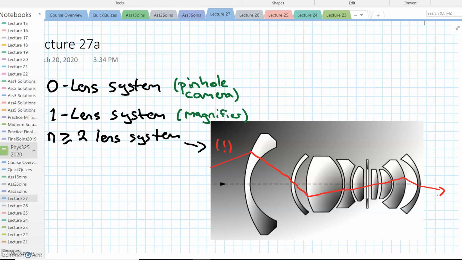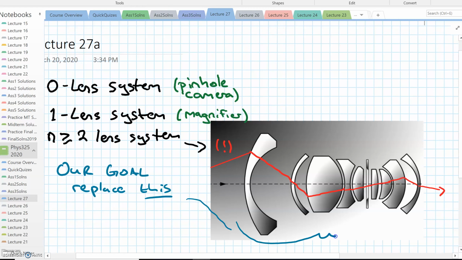However, what we're going to do today is develop a method to replace this entire beast with 4 numbers, namely a 2x2 matrix. And then ray tracing is a breeze.